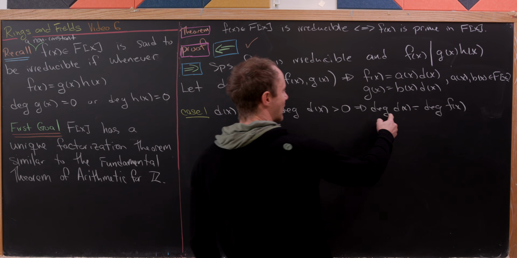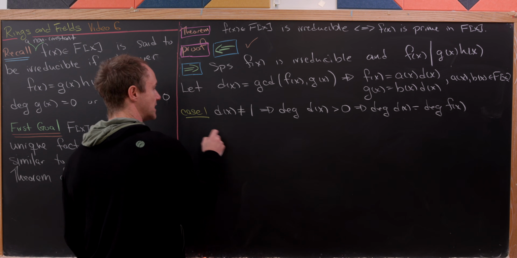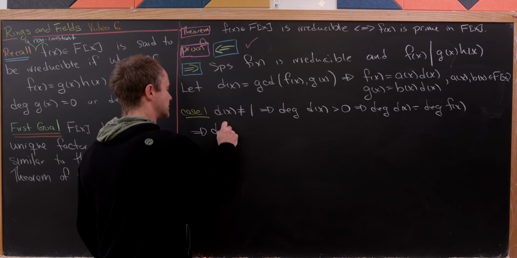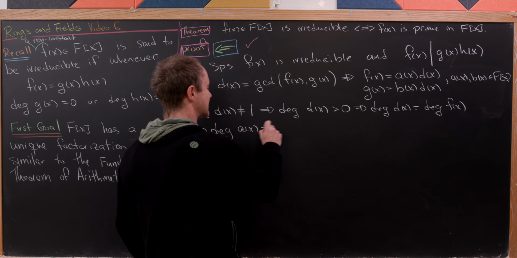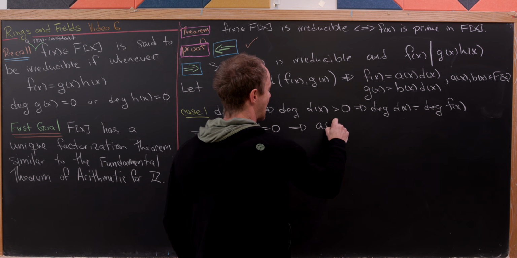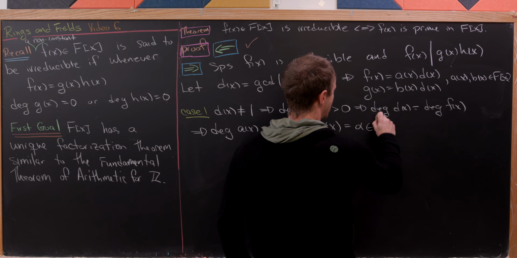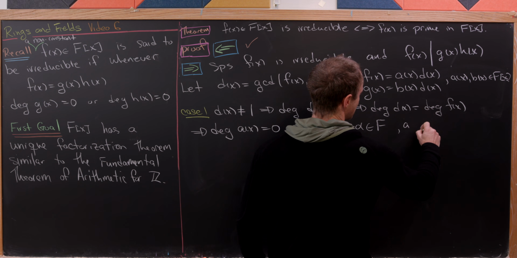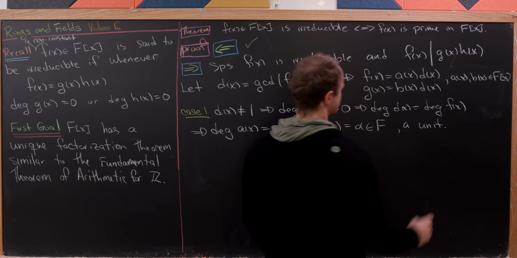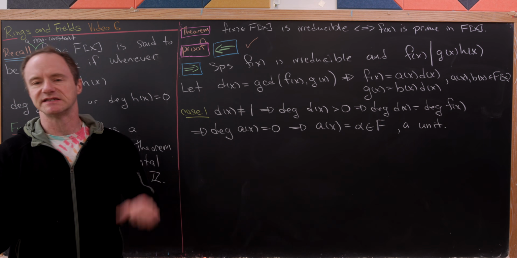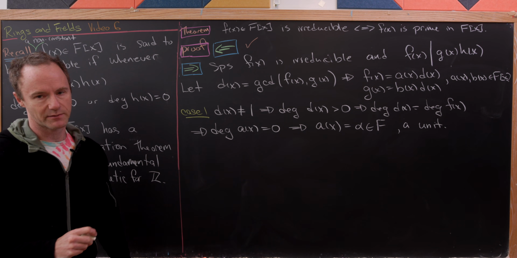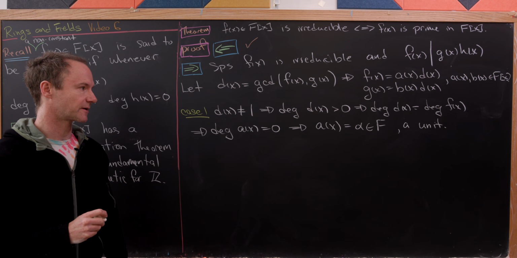Okay, but now if these two have the same degree, then the degree of a of x is equal to 0, but that means that a of x is equal to alpha in F. And I'm just going to put here it's a unit, because we're assuming that none of these things is 0. I guess I didn't carefully say that, but I think that's kind of understood here.